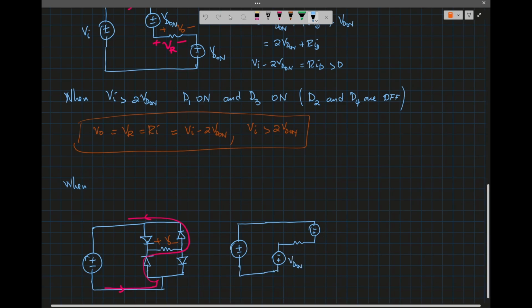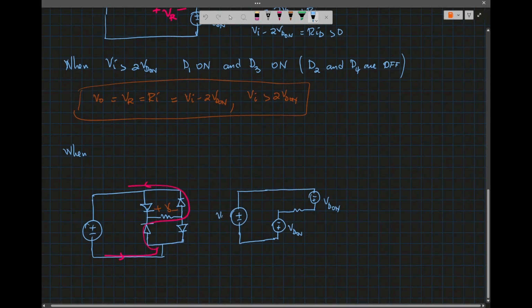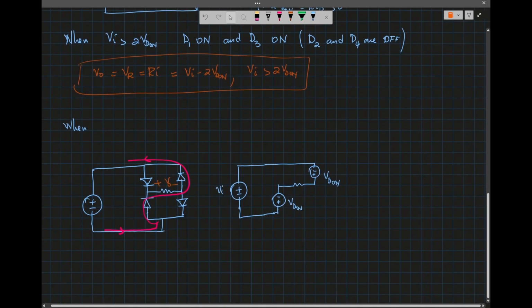So VD on, VI. So for this case, the current is flowing this way, ID, right? So we have VI plus VD on plus VD on plus V0.